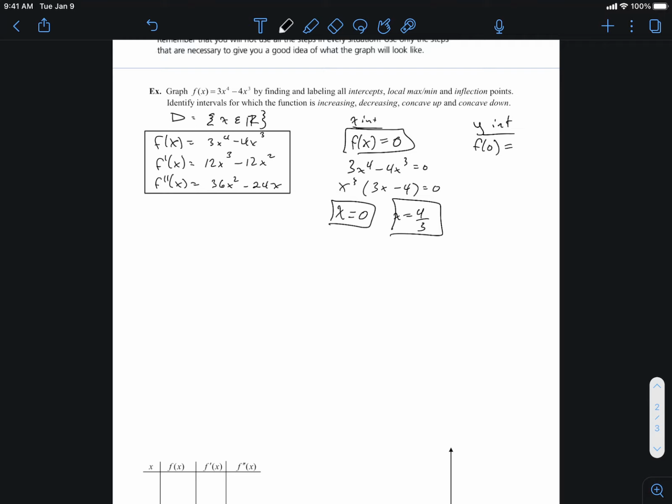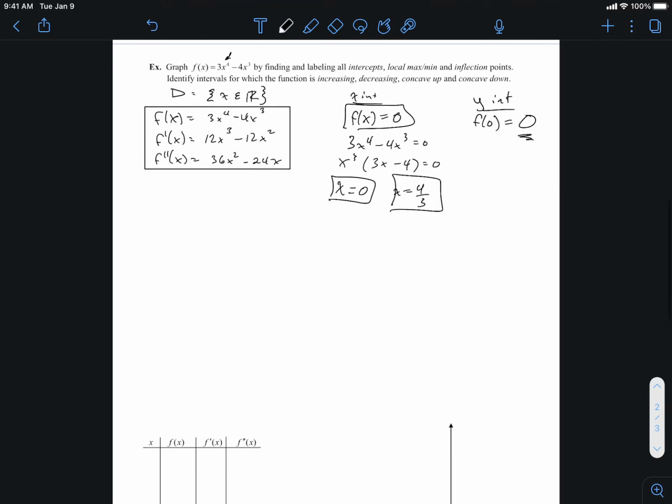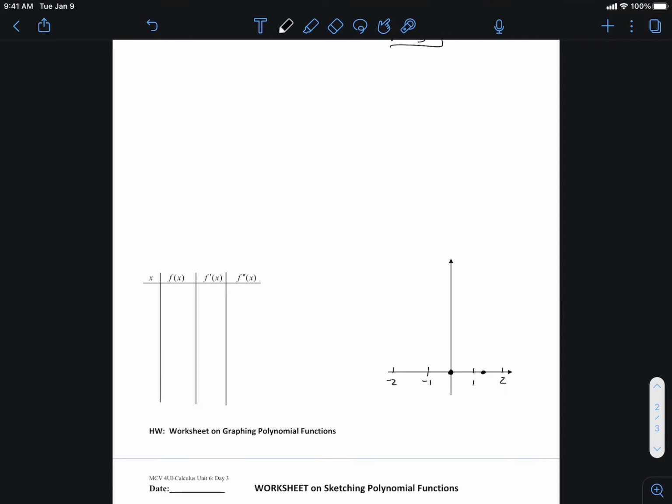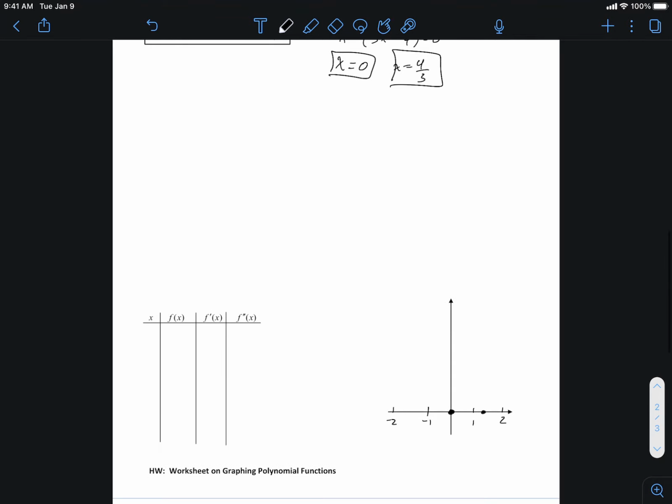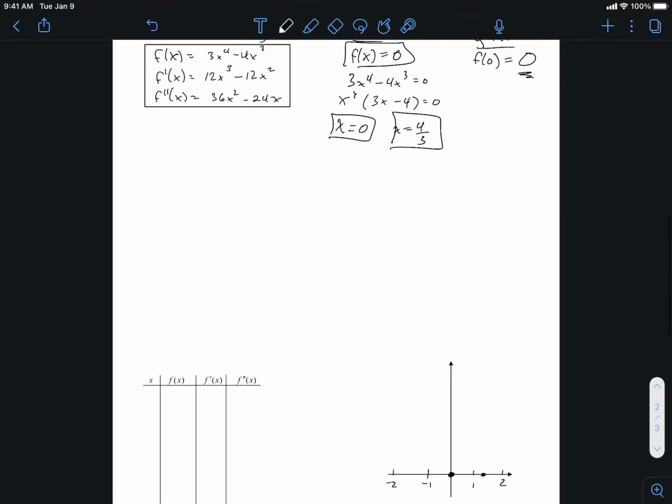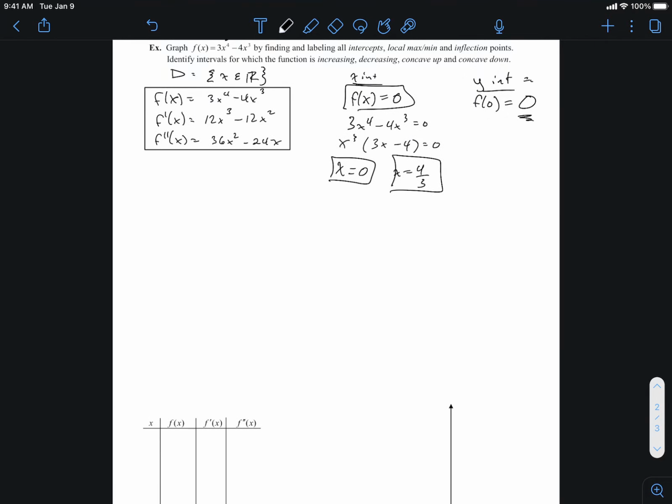So when I plug in x equals 0 into this equation, I find out that the value that spits out is 0, right? So its y-intercept is at y equals 0 as well. Okay, so that's how we know it intersects at the origin. Okay.